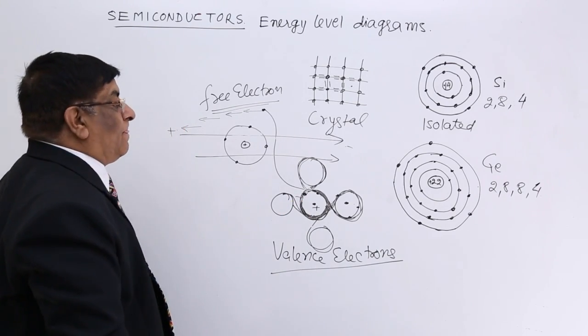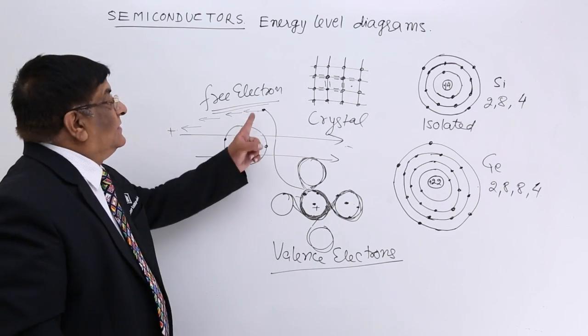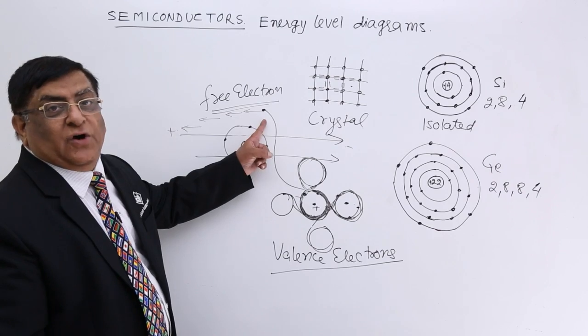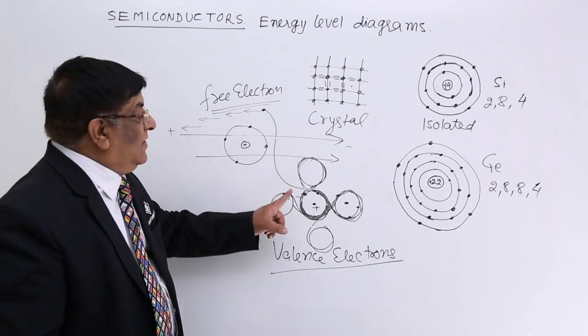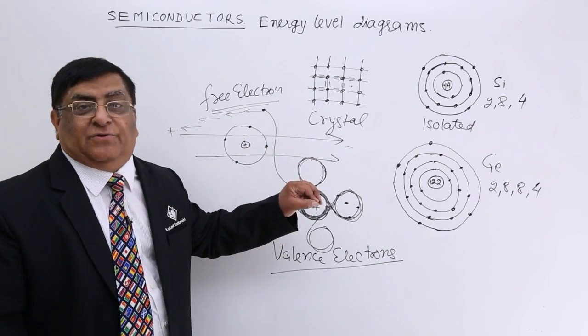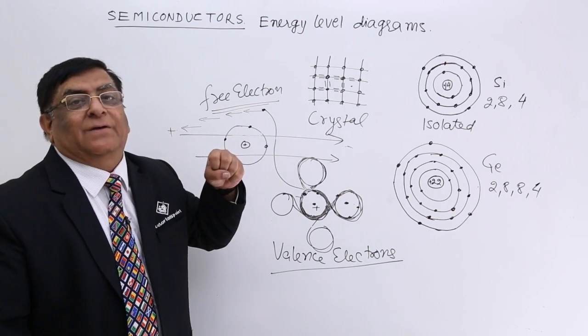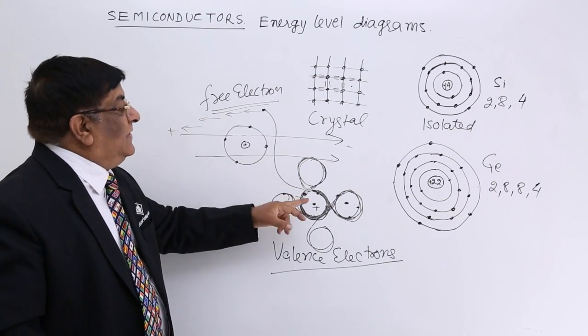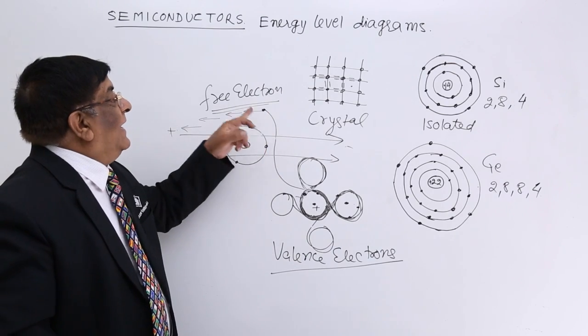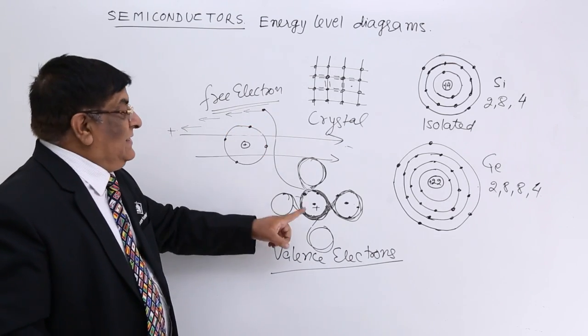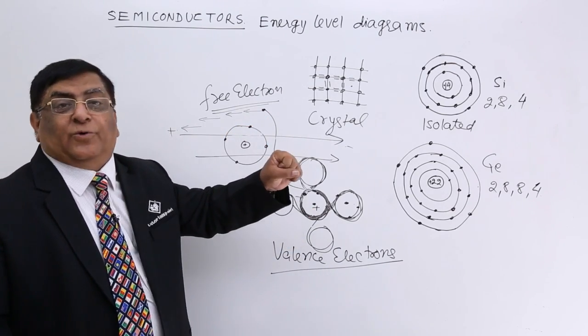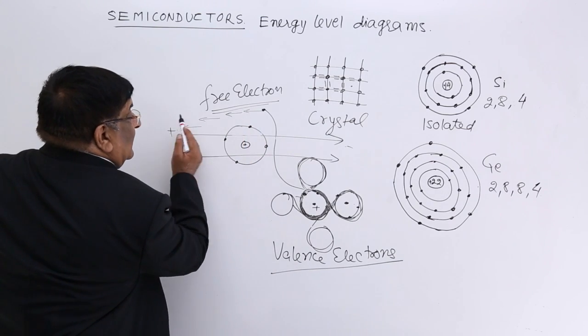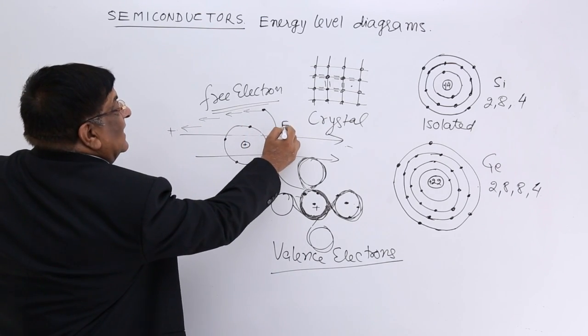drift. So who drifts? The free electrons, because they have no protection of the positive nucleus which keeps them bound. They have come out of the binding, the positive nucleus does not hold them, and they start drifting in the presence of an electric field.